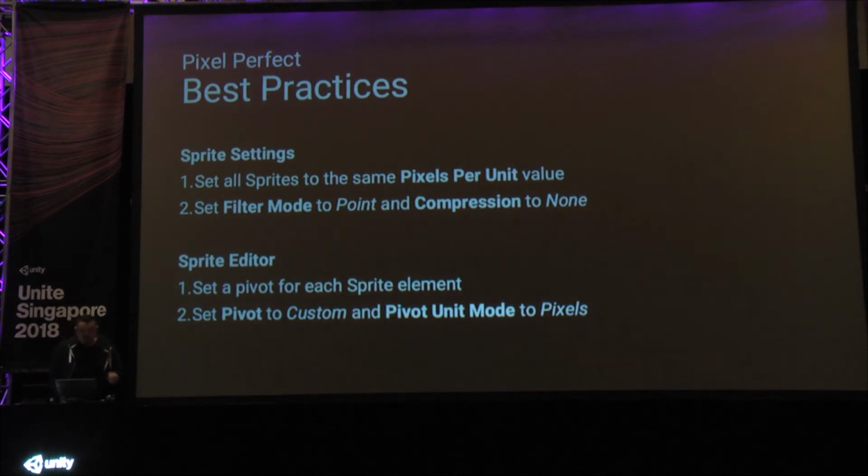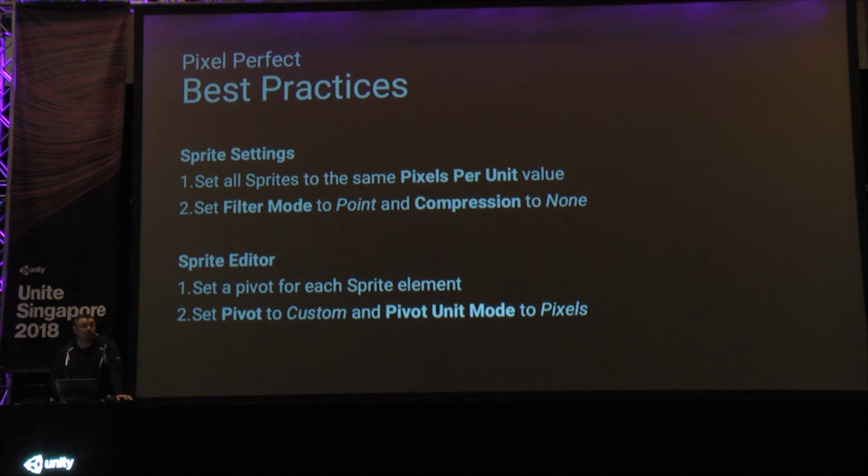First of all, you want to look at your pixels per unit. It's probably a good idea that all your sprites have the same pixels per unit. It is possible to get things to work if your pixels per unit are integer multipliers of a base pixels per unit reference value. But let's just say keep them the same, right, for basic application.